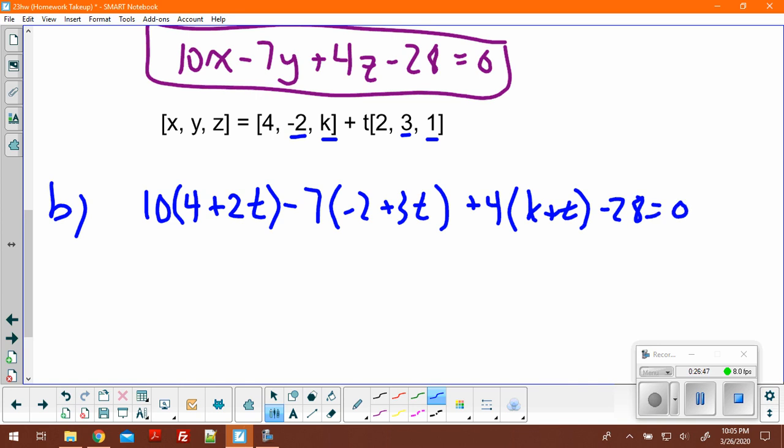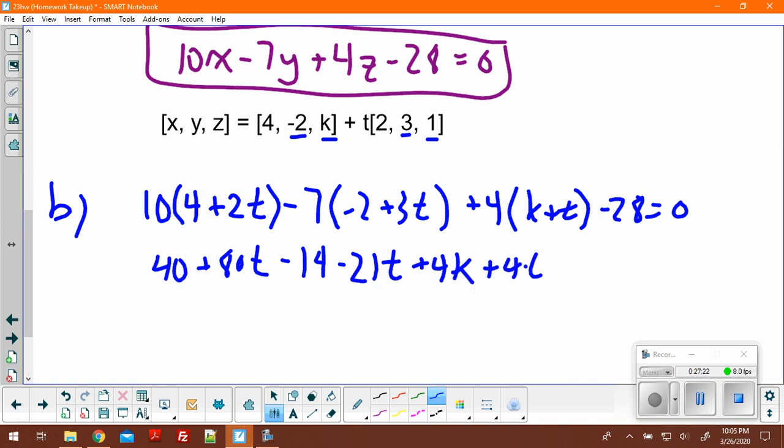So, I've got 40 plus 80t minus 14 minus 21t plus 4k plus 4t minus 28 equals 0.